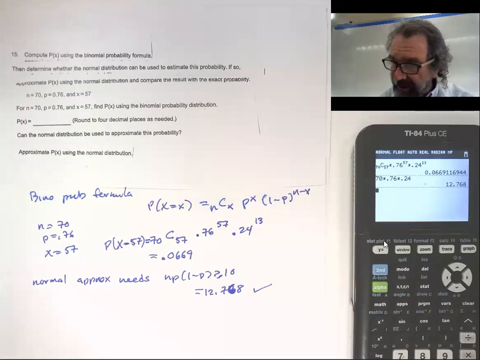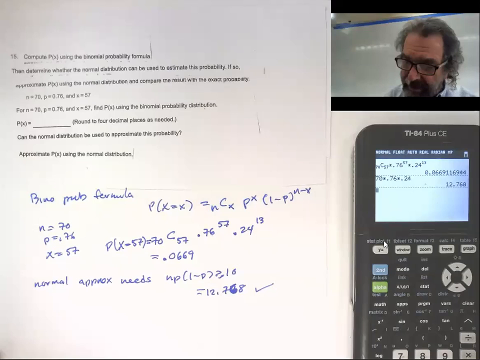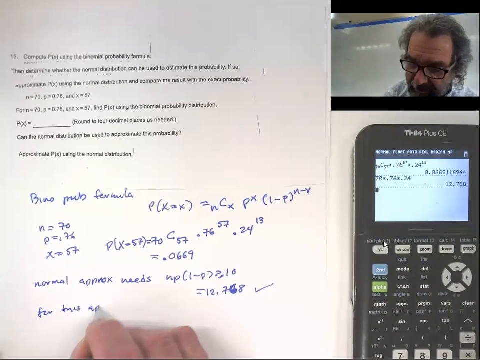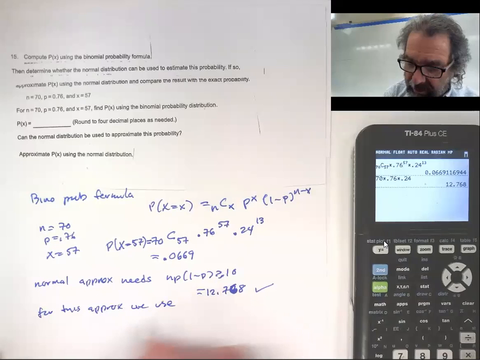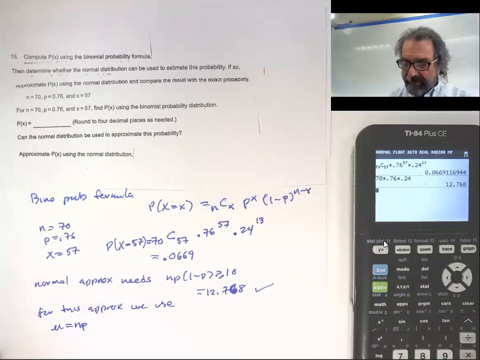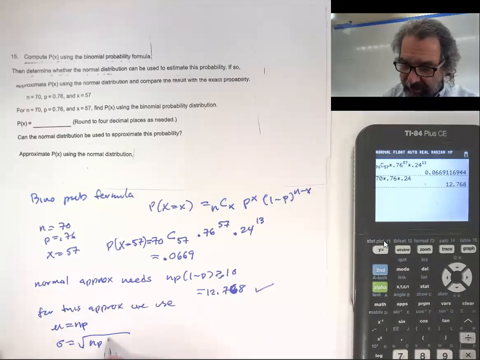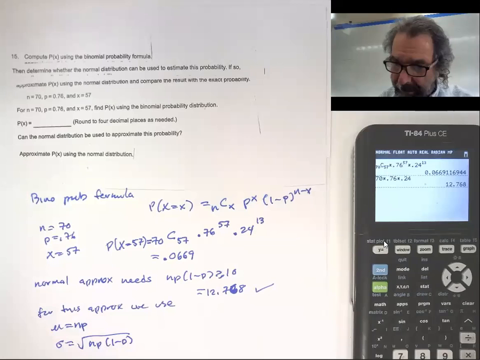And then we're going to go ahead and do the normal approximation. So for the normal approximation to the binomial, for this approximation, we use mu is NP. So that's the binomial mean. Sigma is the square root of NP times 1 minus P. All right.